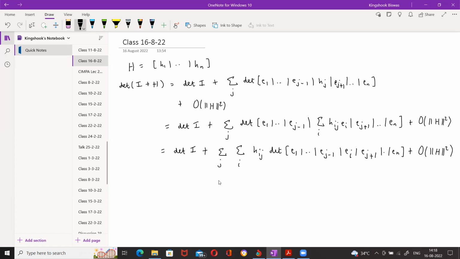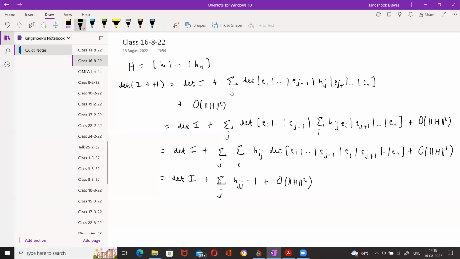So this will become determinant I plus sum over j, Hjj, and then the determinant when i is equal to j is just the identity matrix, so this is just 1, plus big O of norm H squared.